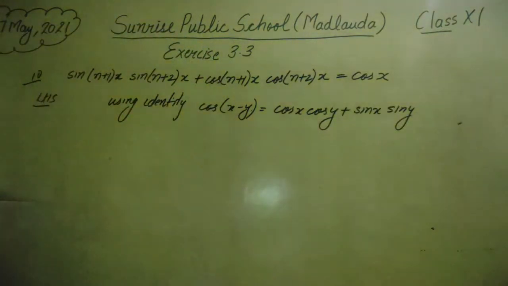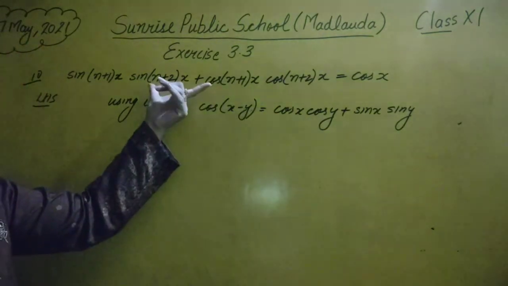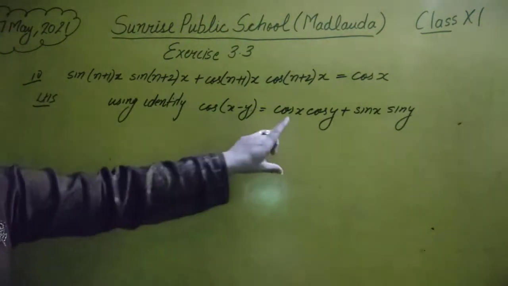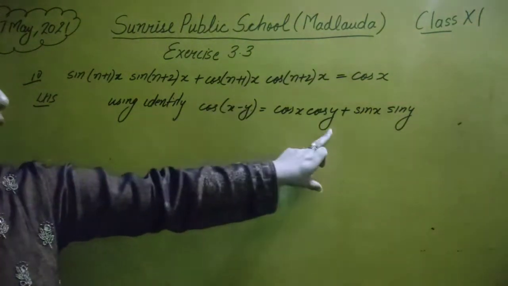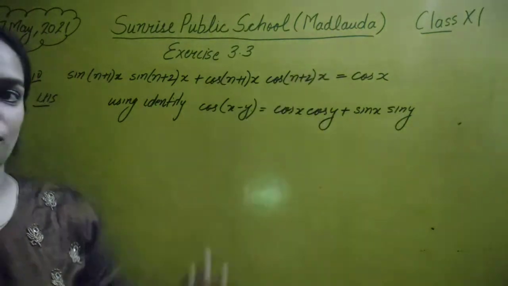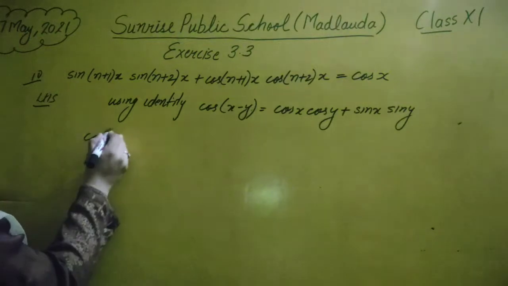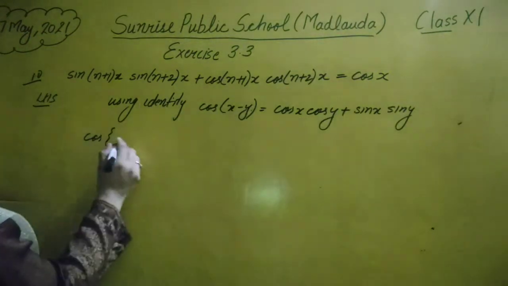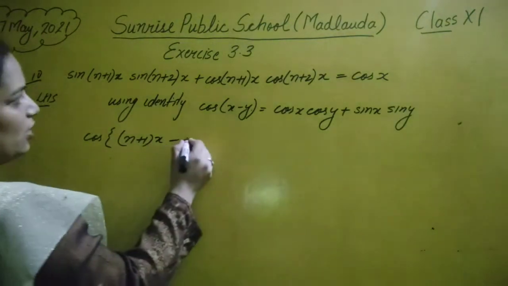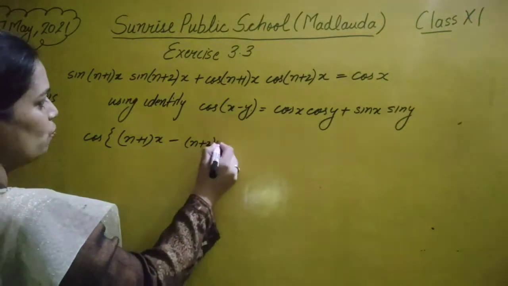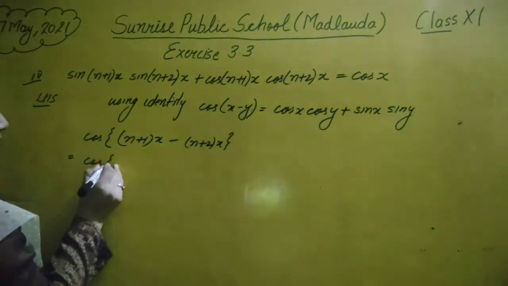We will compare the right hand side of this identity with the left hand side of the question. At the place of x there is (n plus 1)x, at the place of y there is (n plus 2)x. So we can write it as cos of x minus y. At the place of x we will take (n plus 1)x, and at the place of y we will take (n plus 2)x. Now we will simplify the terms within the bracket.